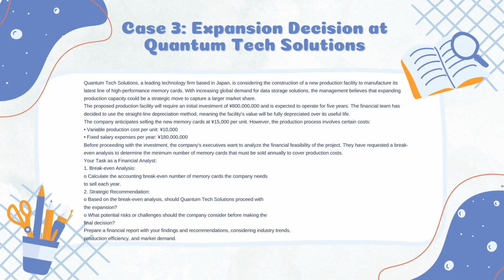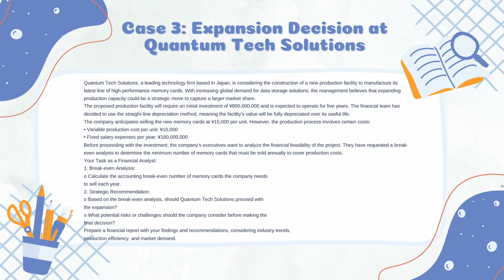Variable production cost per unit is 10,000 yen, and fixed salary expenses per year is 180 million yen. Before proceeding with the investment, the company's executives want to analyze the financial feasibility of the project.